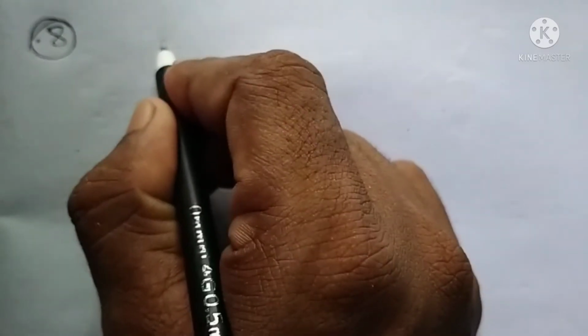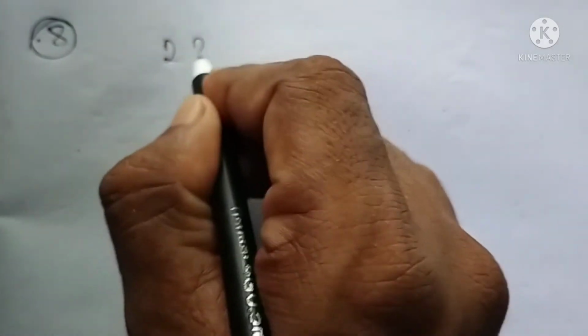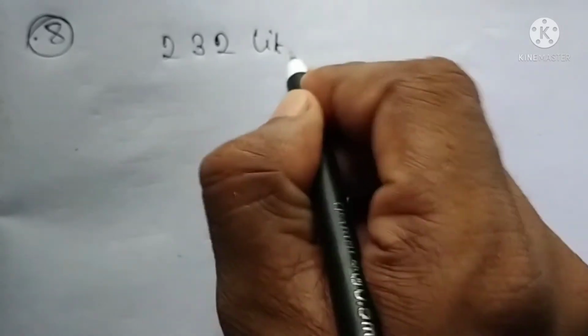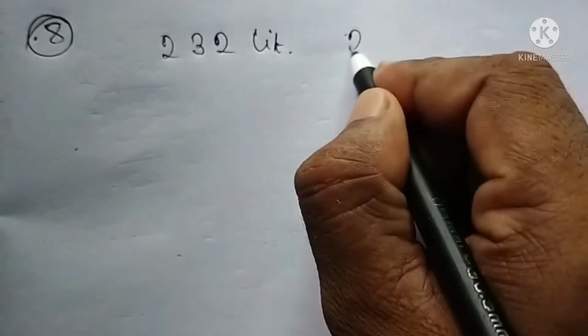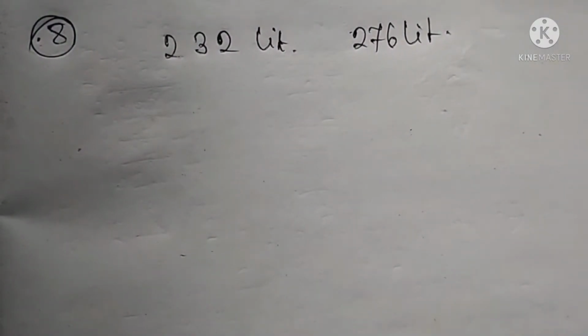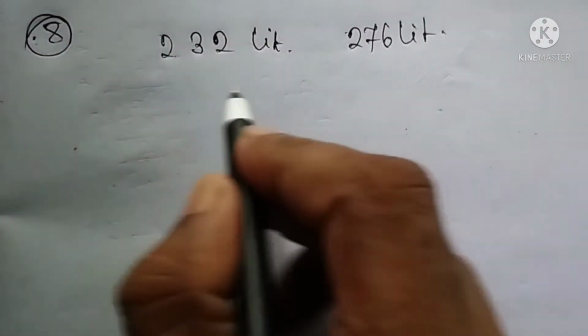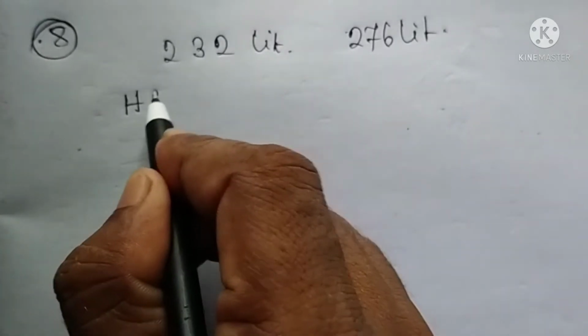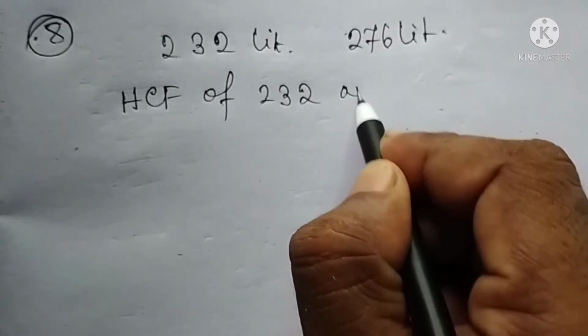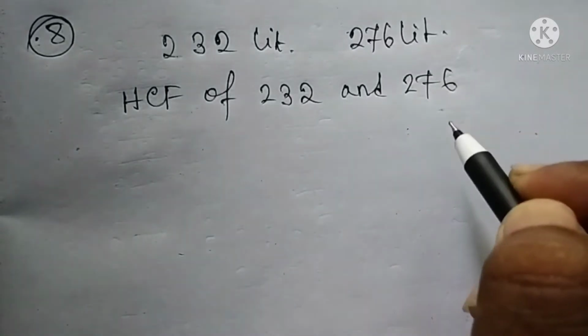So here one container has 232 liters, and the other container has 276 liters. Largest measuring means we have to find the HCF of 232 and 276.